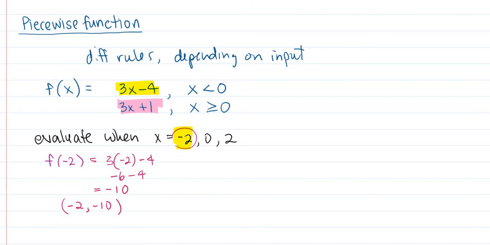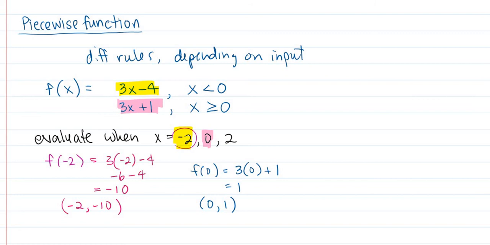Well, 0 is equal to 0, so we're going to be using the pink rule this time. So when we plug in f of 0, we're plugging it into 3 times 0 plus 1, which just gives us 1. So we have this coordinate, 0, 1.